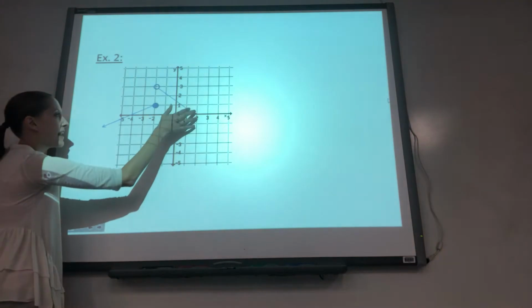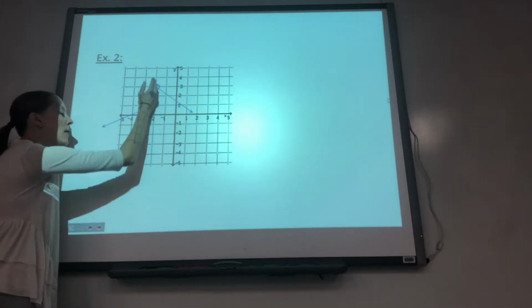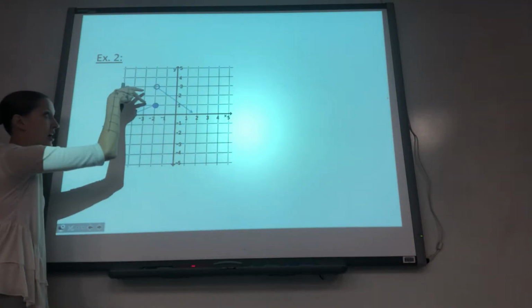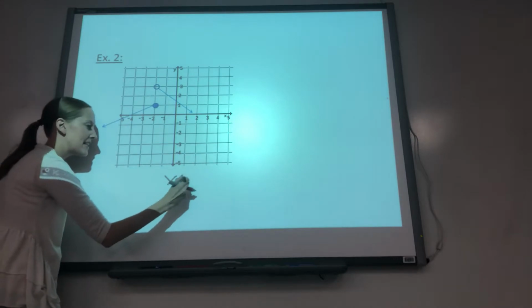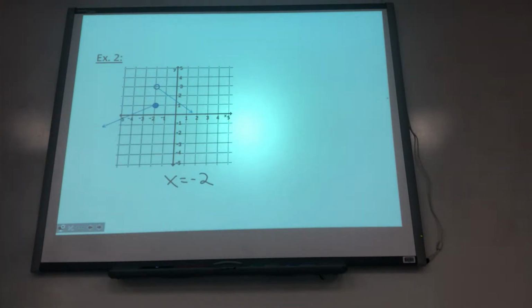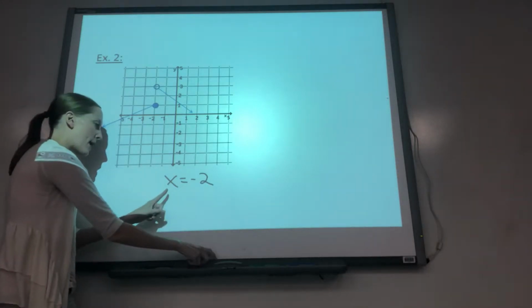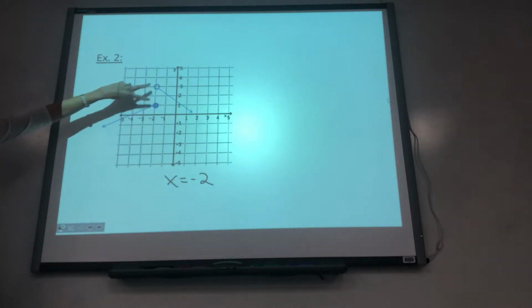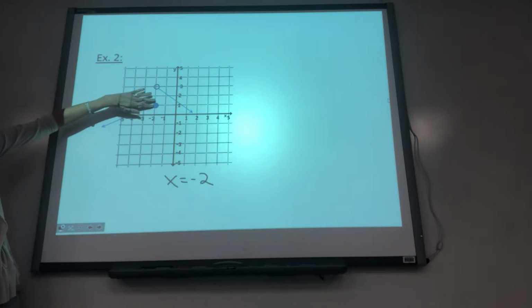Same on this side. Everything's fine and dandy, but the graph gets weird at x equals negative 2. There's a break in your graph. So that is what I'm going to look at on my conditions. I'm going to look right here where x is negative 2.